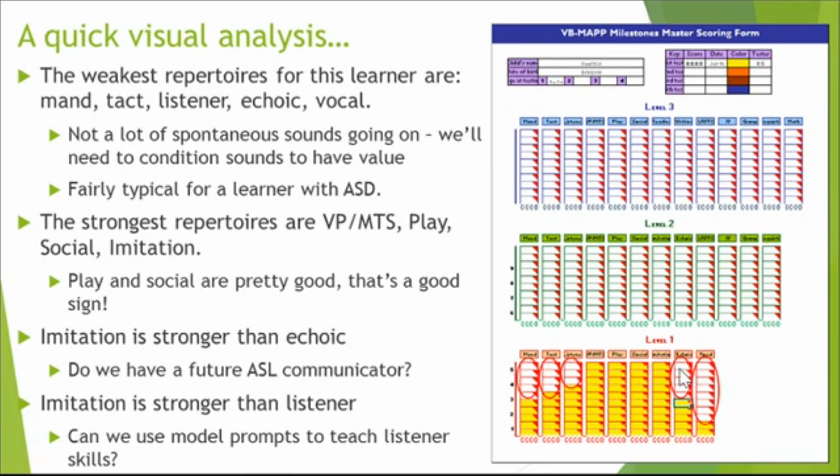So if a student is able to do something, for example, to label pictures, it's so helpful to know which pictures they were able to label, because maybe patterns start emerging.